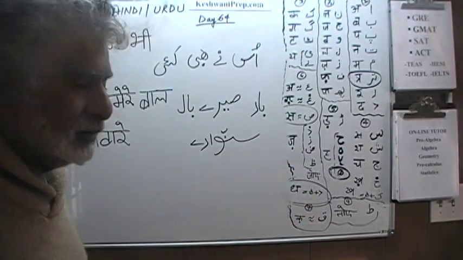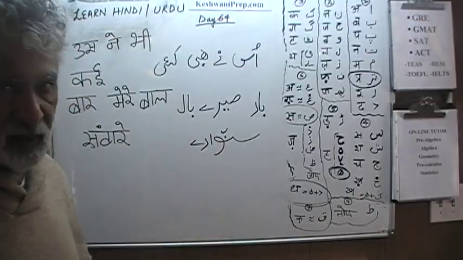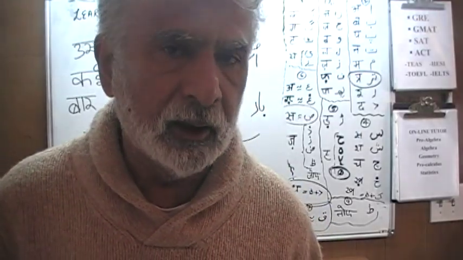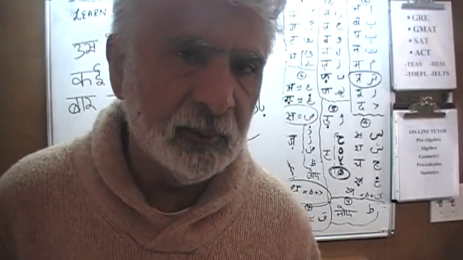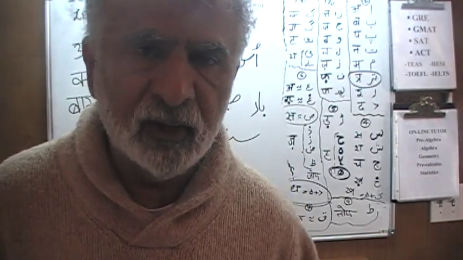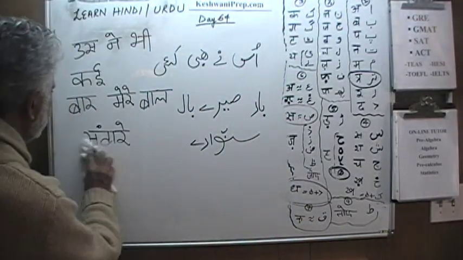That's what this says. Kai baar means many a times, on many occasions. And of course, a lady would not go to some strange gentleman and start fixing his hair unless there is something going on between the two of them. Obviously. Let's do the next line.